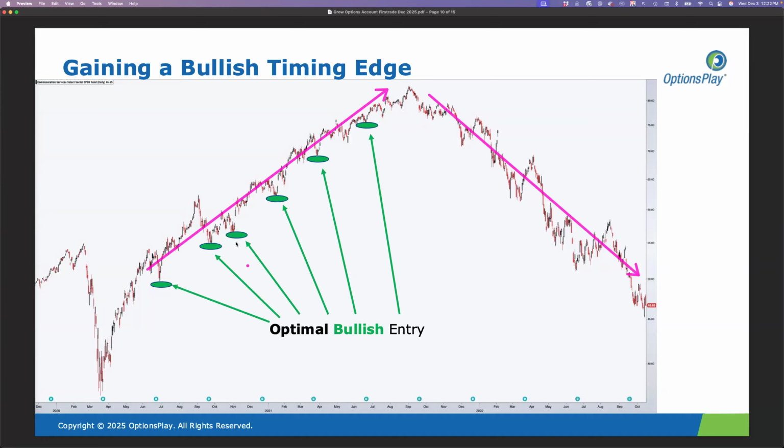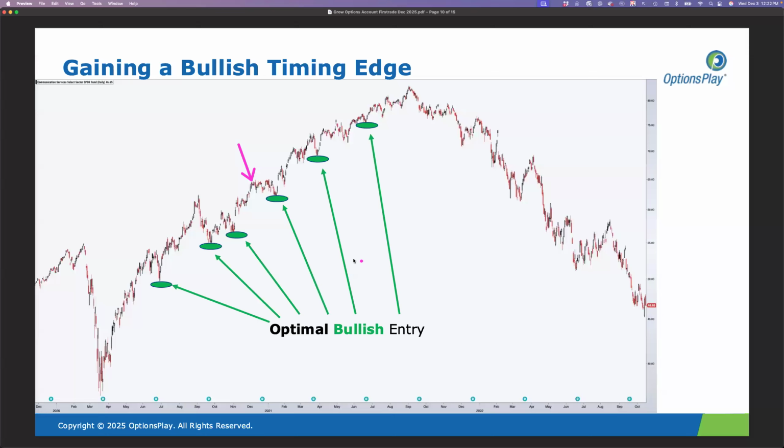What that means is that you could have sold a credit spread in almost any part of this bullish trend and potentially have been able to turn a profit, even if you enter the trade at what we consider somewhat suboptimal times. Let's say you entered a bullish credit spread at where I've pointed the arrow.